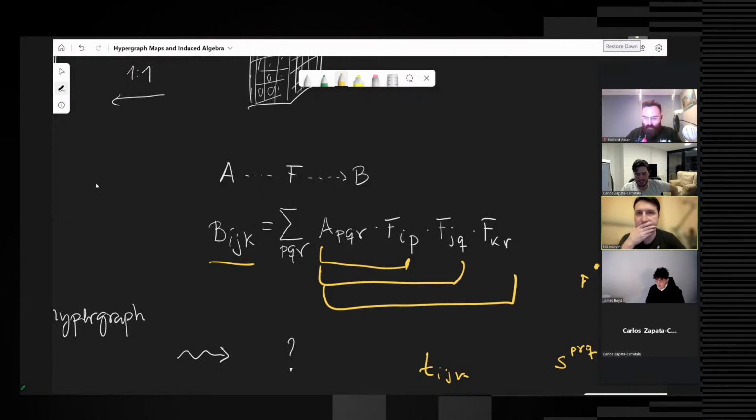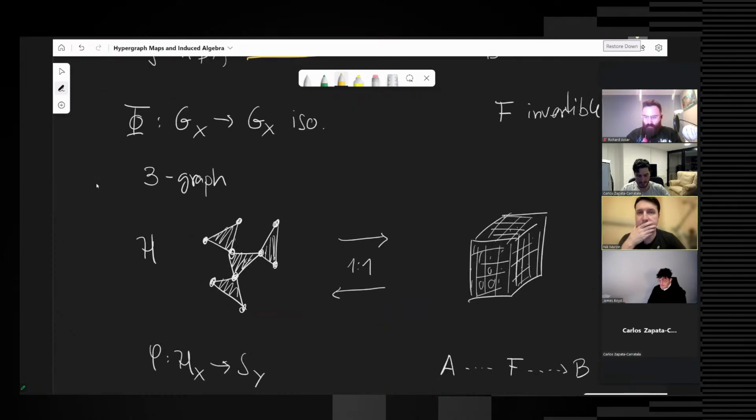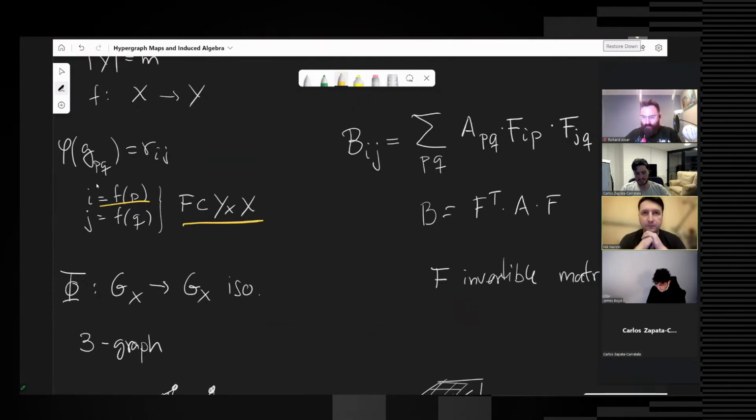The entire point of having maps represented with this is that composition of maps ends up being multiplication of matrices. So if you have the spectrum of a graph and you map it into a different one, you're basically just doing a linear transformation of the entire spectrum.